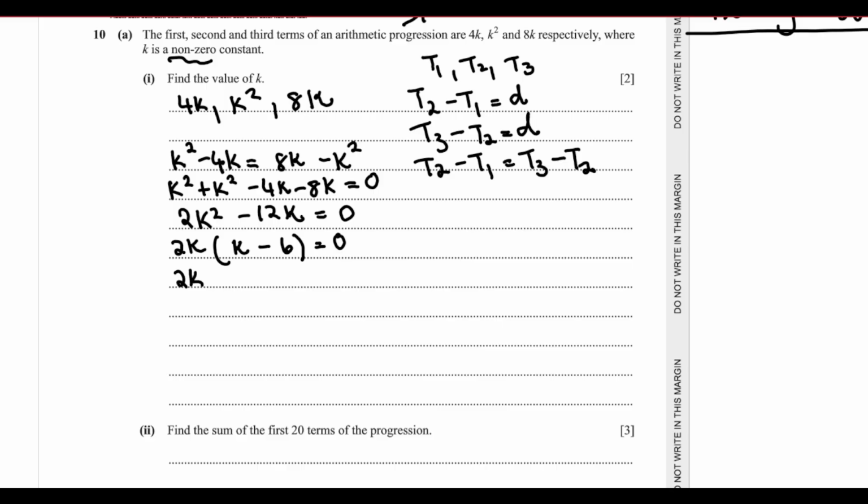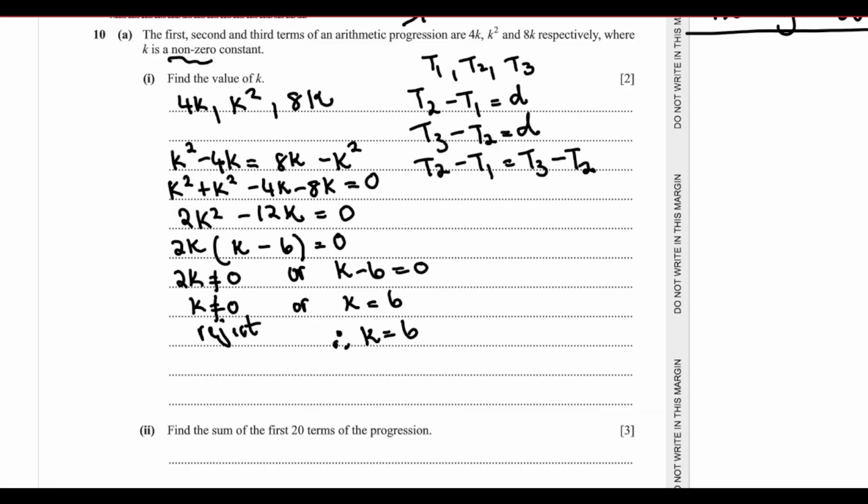So 2k is 0, k minus 6 is 0. So k is 0 or k is 6. But technically they said k is non-zero, so you reject that. So k is 6 only.